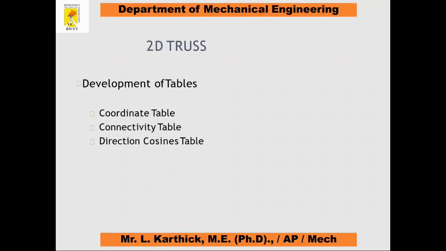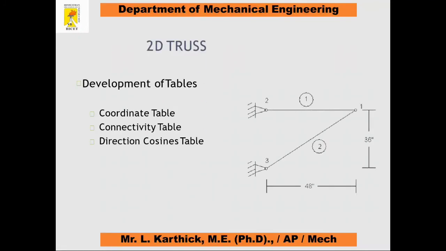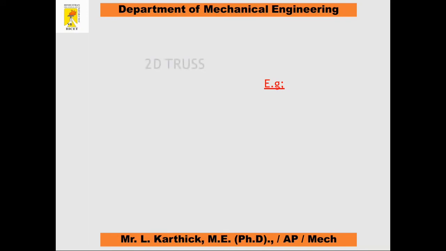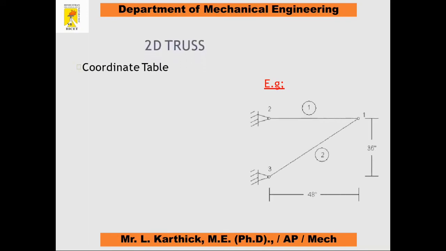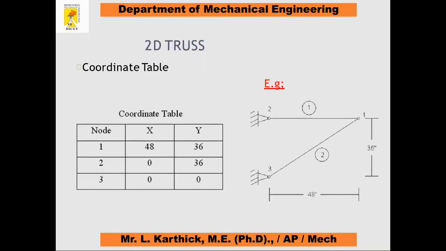And for a 2D truss element, we need to understand the concepts of development of the coordinate table, and as well as the direction cosine. Okay, what is meant by the coordinate table? See this. For each and every element, there will be nodes.